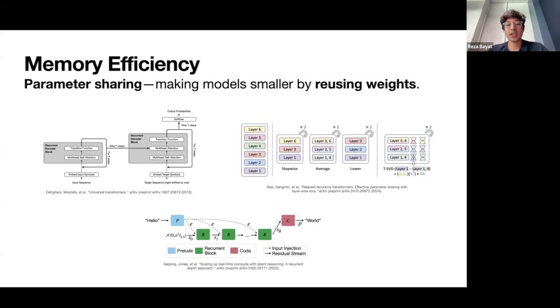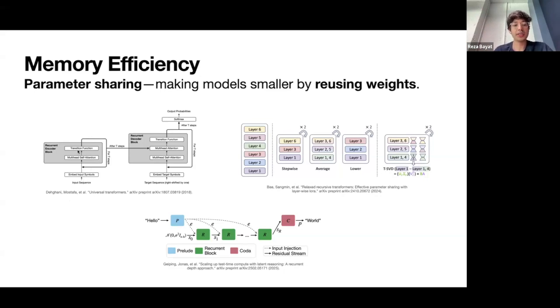This memory efficiency was explored in the original work called Universal Transformer, by Mostafa Dehghani.